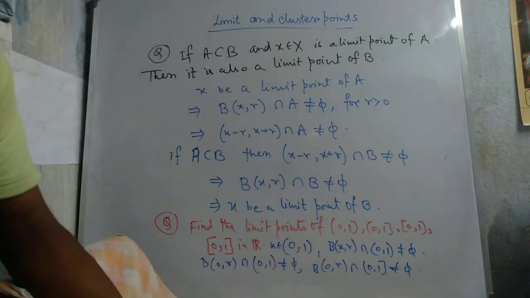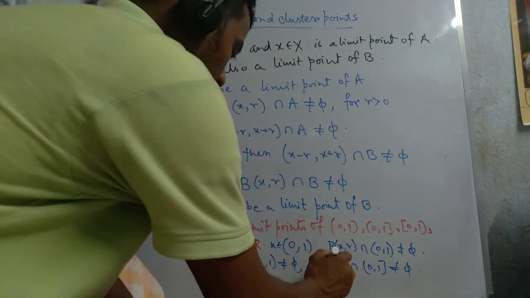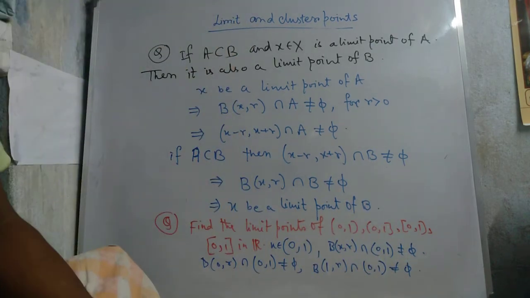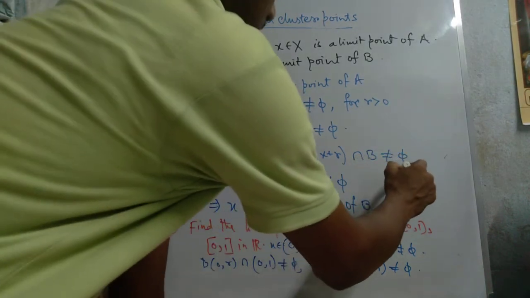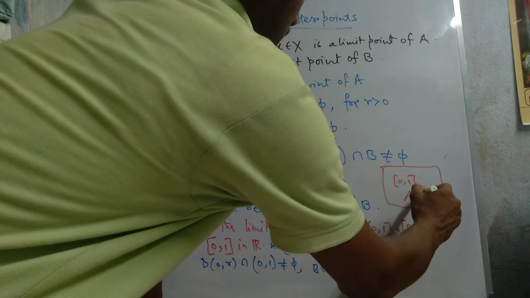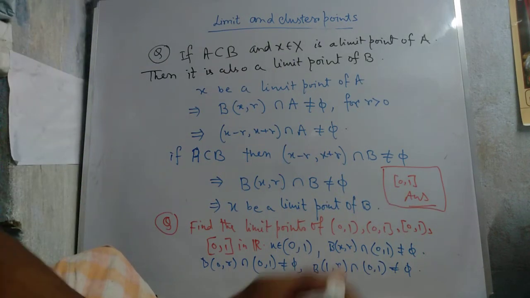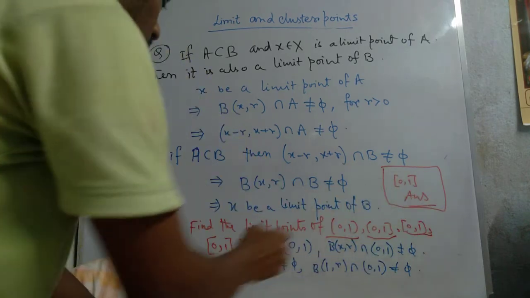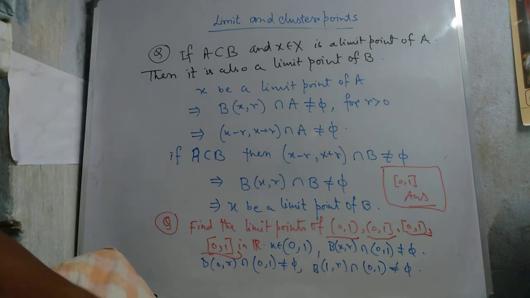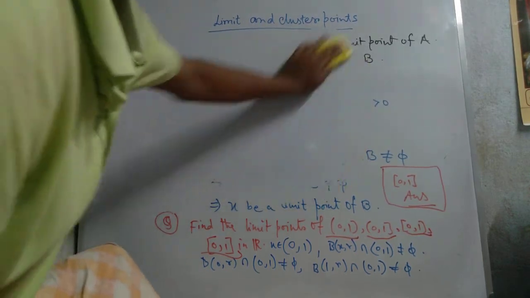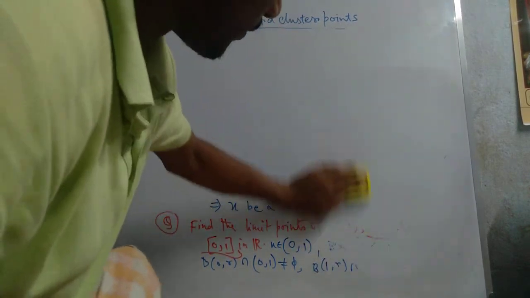This implies that the closed interval [0,1] is the limit points set of this interval. The closed interval [0,1] is the required answer. For all these intervals, the limit points are these, in R. Next we're going to further questions, how we deal with limit points.